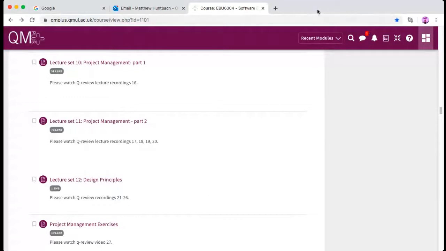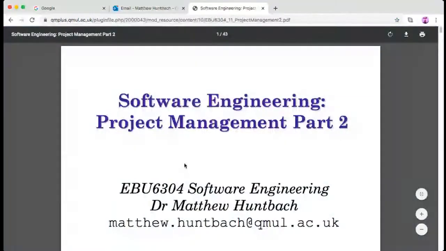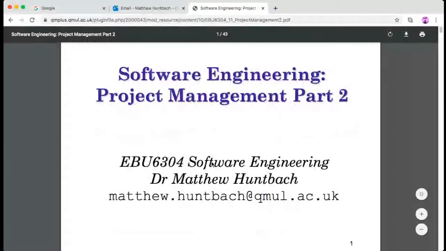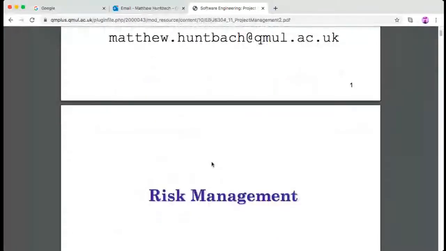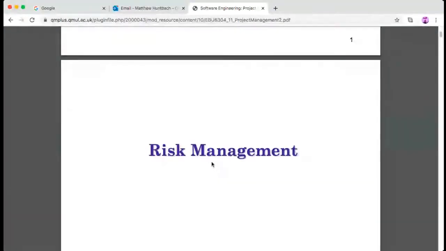Project Management Part 2. This is the second one, and also remember that the rest are the lectures that I pre-recorded. Project Management Part 2 actually has four separate, short lectures.